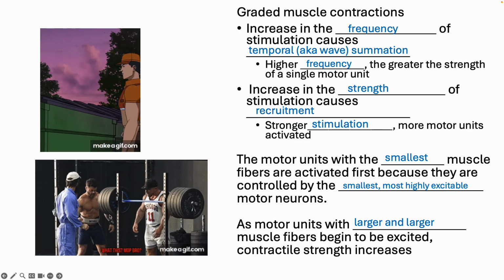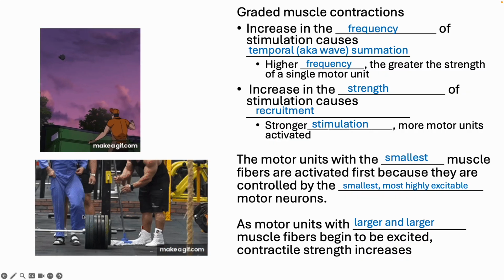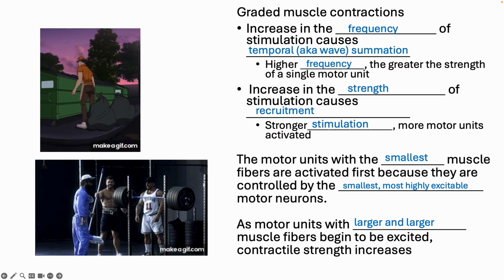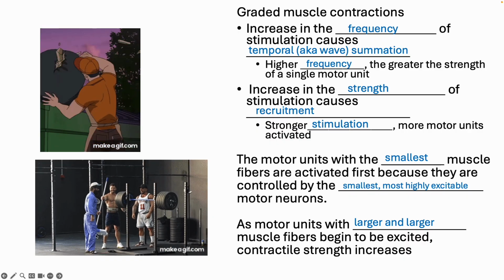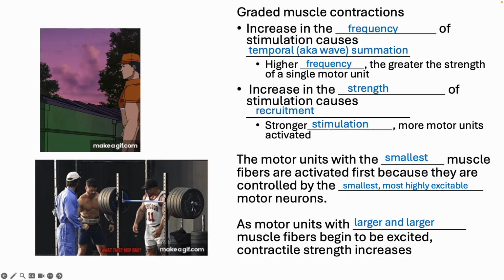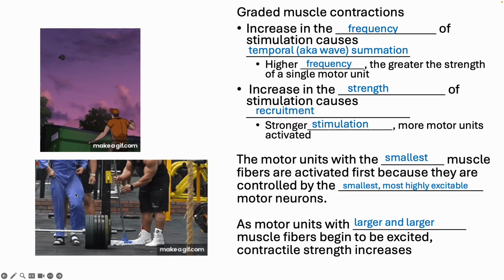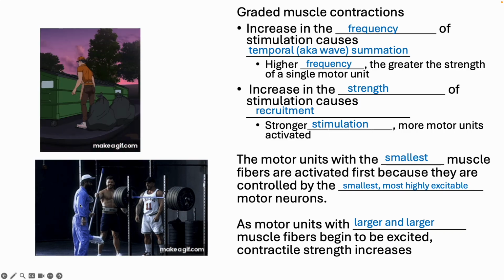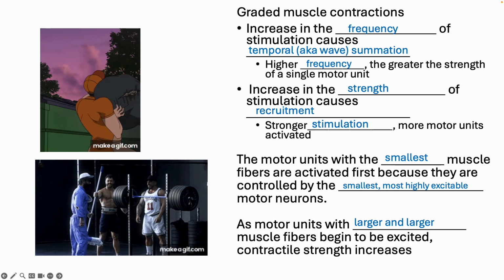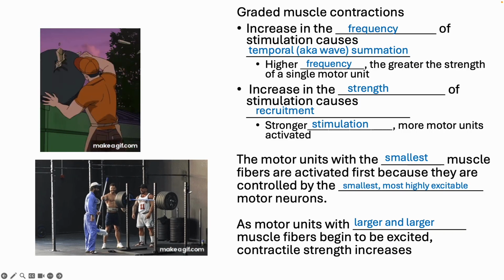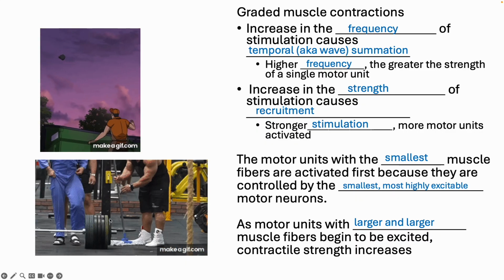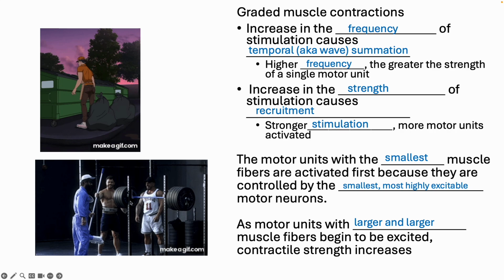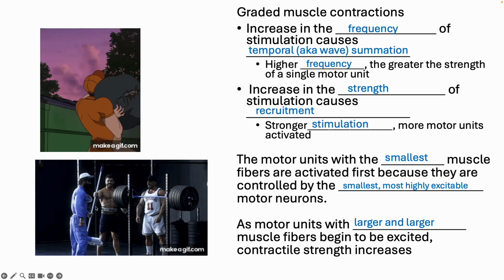Down here on the bottom, we can see what happens in the opposite case where you recruit fewer motor neurons than what you actually need. So this guy's actually a professional, either bodybuilder or power lifter, and he is pretending to be a janitor, and he has this mop that's super heavy, and so he gives it to these people that are super strong.